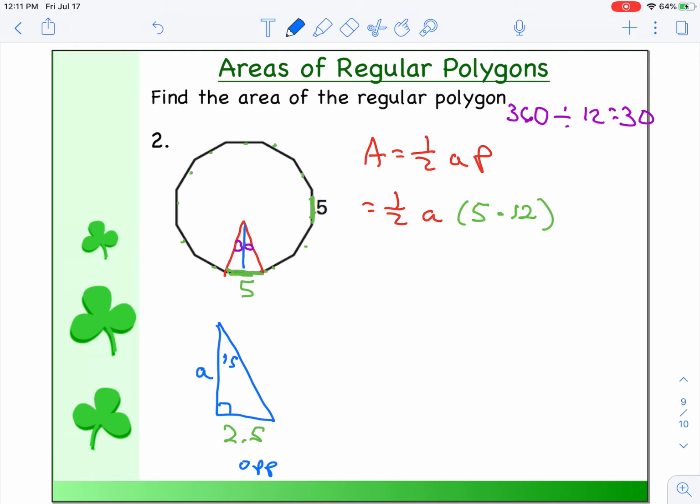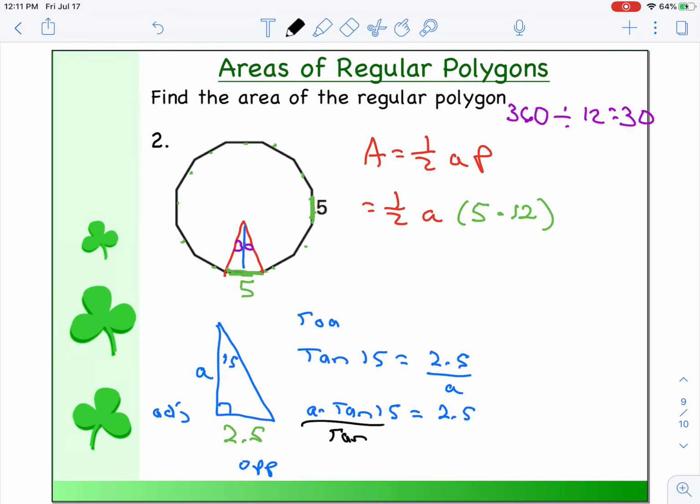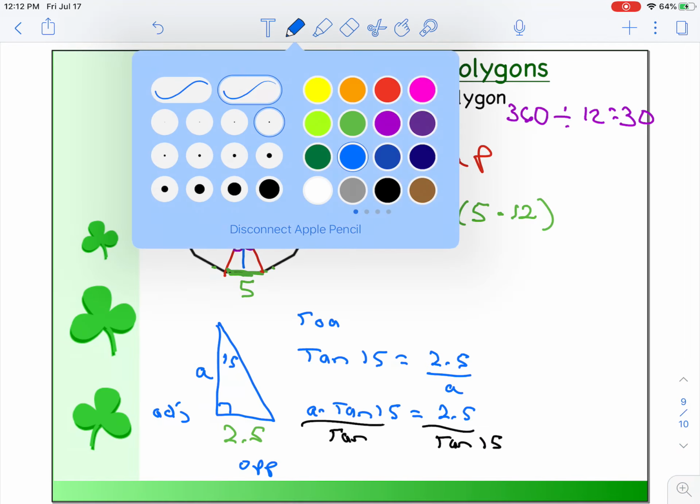Well, so what I'm going to do is, again, I'm going to have to use trig. And remember, this is a right triangle, and so for that angle, I know the side opposite, and I know the adjacent side. So opposite and adjacent is your tangent. So the tangent of that 15-degree angle is equal to the side opposite, 2.5, over A. So now I get A times the tangent of 15 equals 2.5.